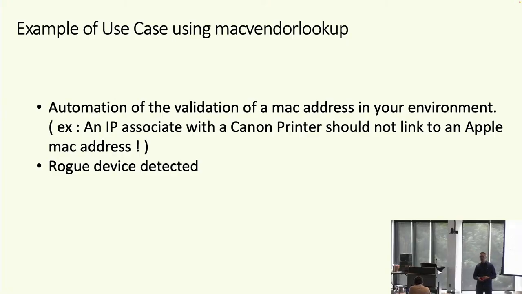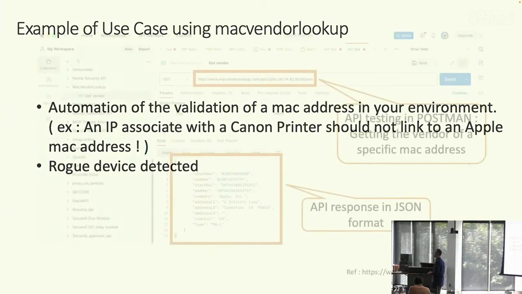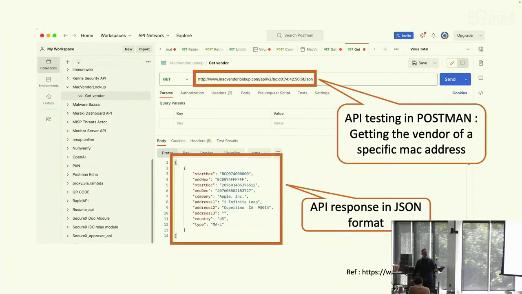Or you may want to scan all the MAC addresses in your switches and APs and say, I'm not supposed to have any iPhone. Why do I have a MAC address that is linked to an iPhone in my infrastructure? And so on and so forth. Again, these are just for reference, but it's quite easy to look at a MAC address. There's not even an authentication mechanism or a key for that.